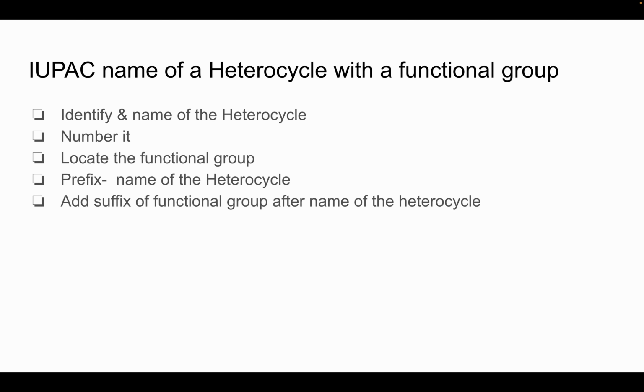If there are two functional groups in the same heterocycle, the priority or seniority will decide whether the name of the functional group is used as a suffix or prefix. But in today's class we are going to see heterocycles with a functional group which is present outside of the ring, and if the heterocycle contains only one functional group, then you will use a suffix for that particular functional group.